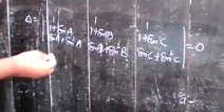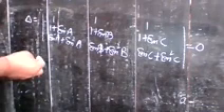Means you have to prove that the given triangle ABC is isosceles.